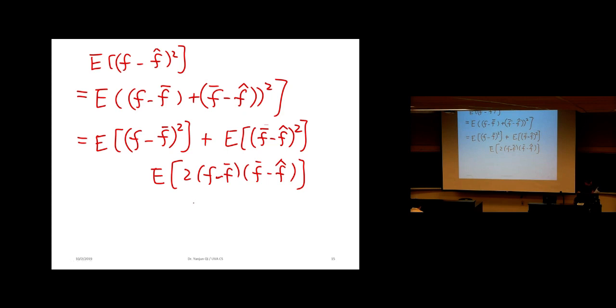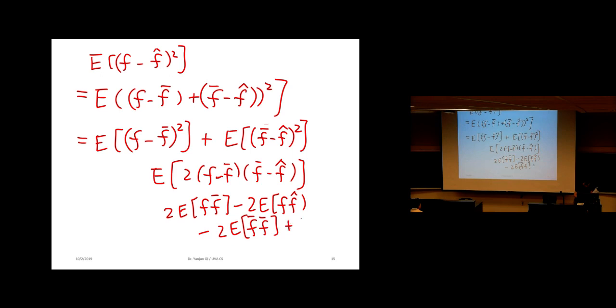So it's E f bar, minus 2 E f f hat, and minus the 2 E f bar f bar, and then plus the 2 E f bar f hat.